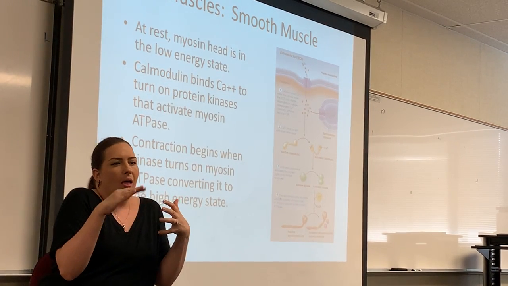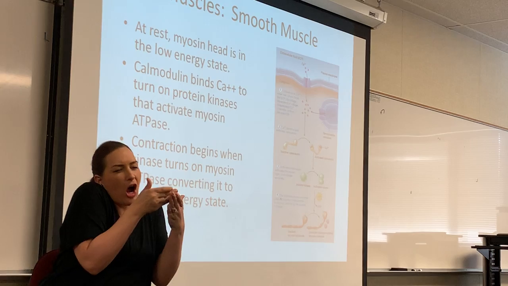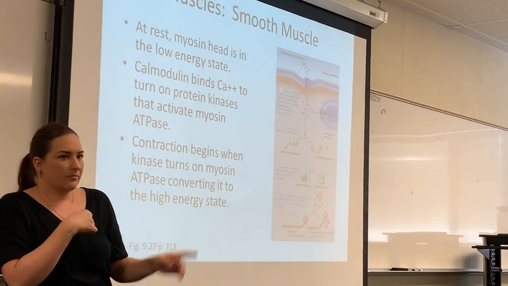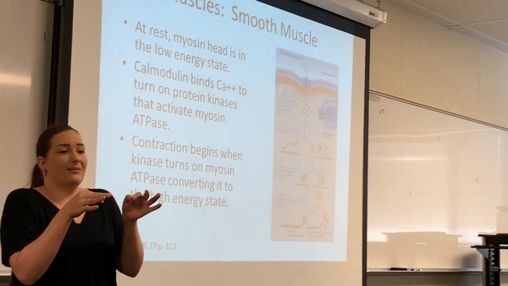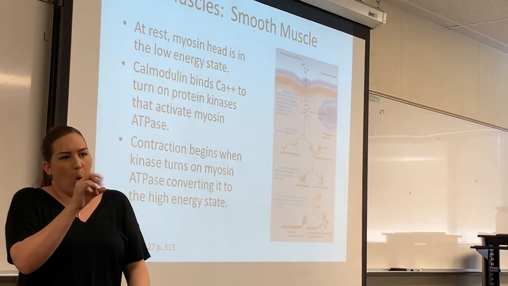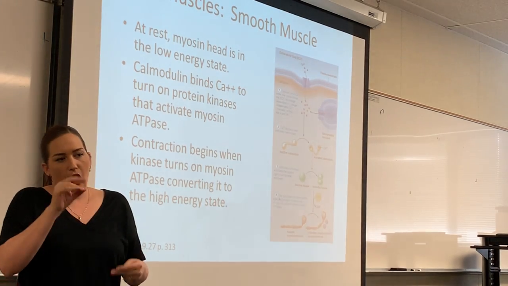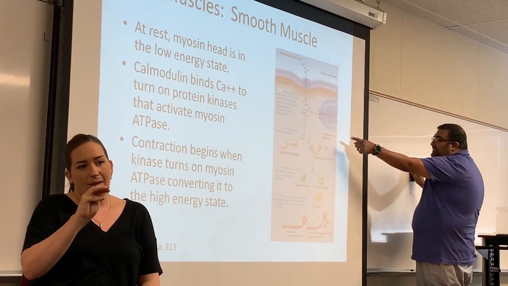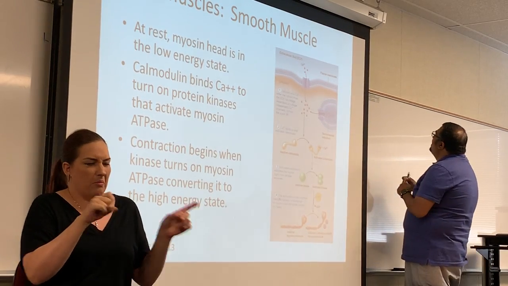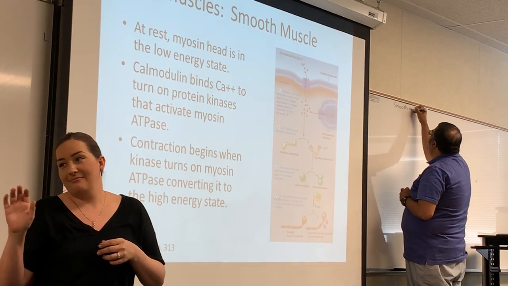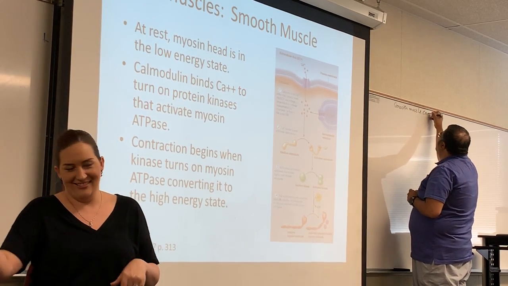So how does smooth muscle contract? This only gives you half the story, so I'm going to give you the other half. So hormones and neurotransmitters will bind their receptors. Okay, so write that on the board. So smooth muscle contraction, this is half the story and the other half is here. So smooth muscle contraction.